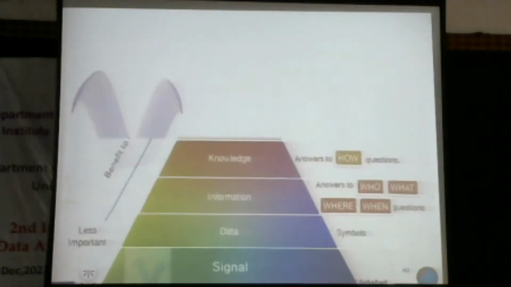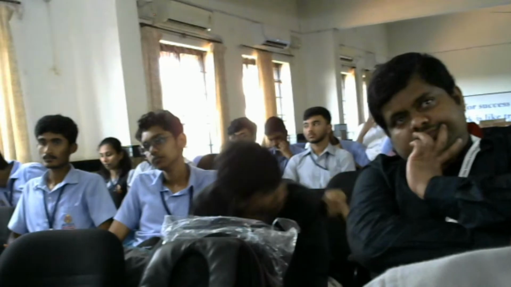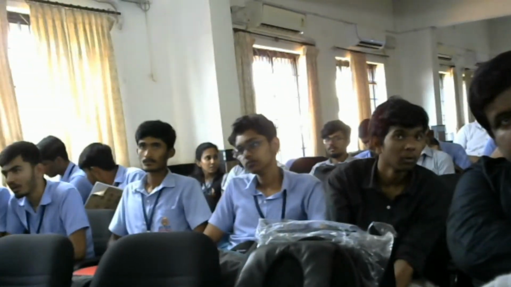So now coming back to this thing, from knowledge we move up to something called understanding. So understanding is when we say that we have been able to appreciate knowledge, and we say why things are happening.